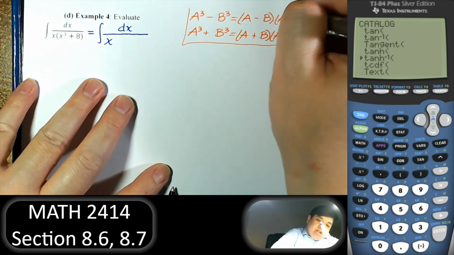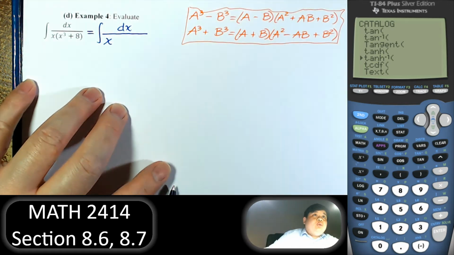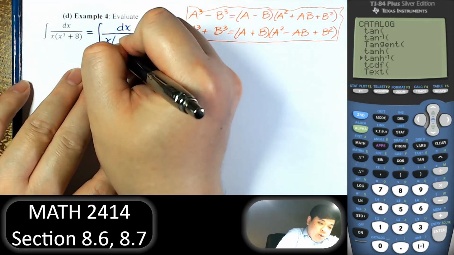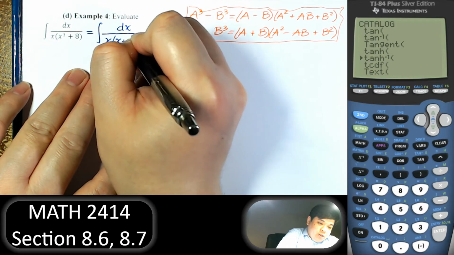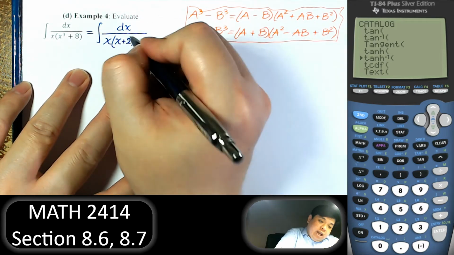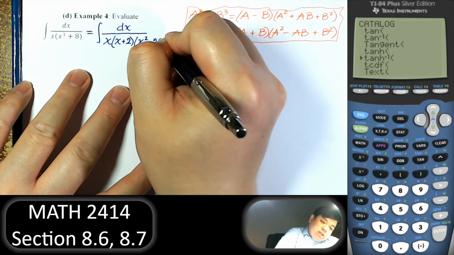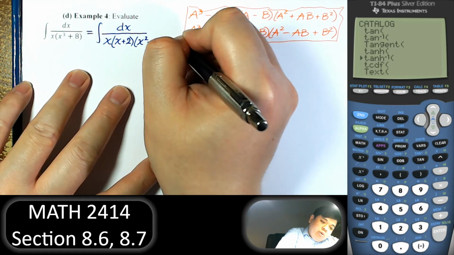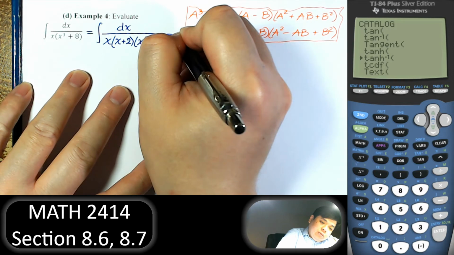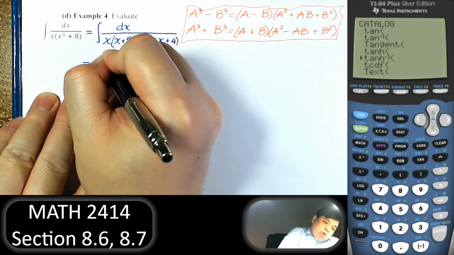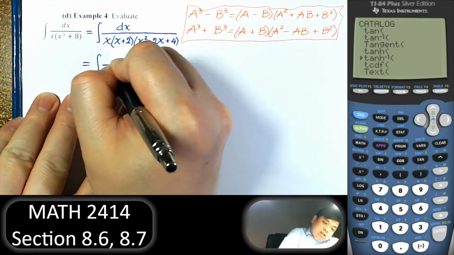So those are the sum and the difference of 2 cubes. So substitute in here, we have x plus 2 and then x squared minus 2x plus 4. Right, so I move the dx to the back.